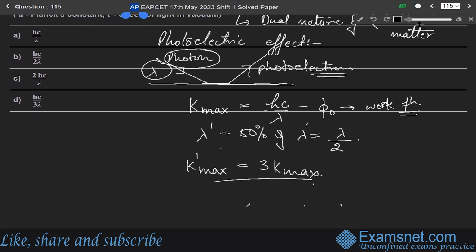When the wavelength is lambda, K maximum equals hc over lambda minus phi naught. Now the wavelength is reduced to 50% of the original wavelength, so lambda dash becomes lambda by 2. For this lambda by 2, the K dash maximum becomes 3K maximum.